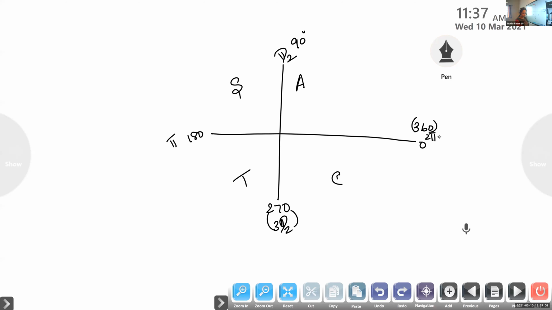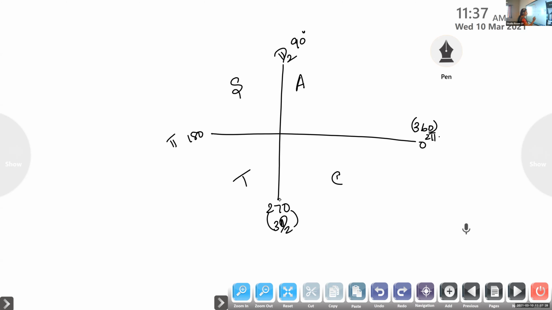What is the principal value branch of sine inverse? It is minus pi by 2 to plus pi by 2.